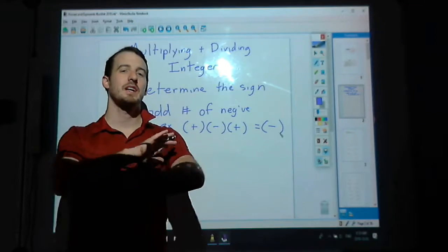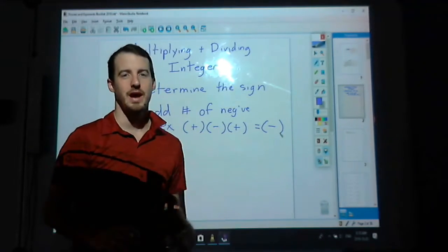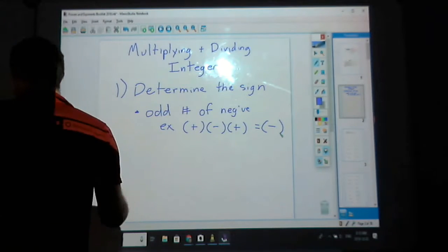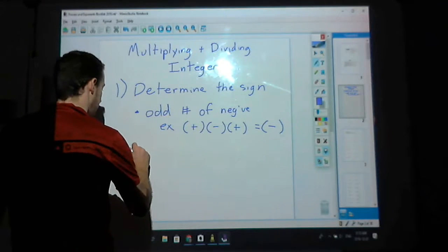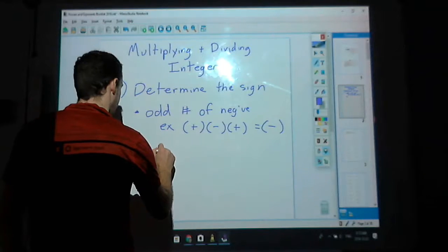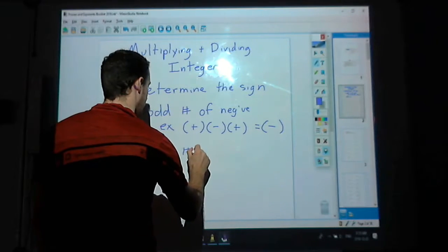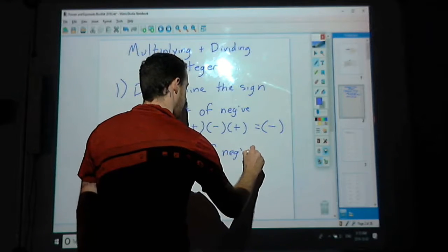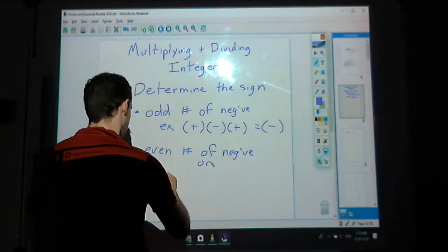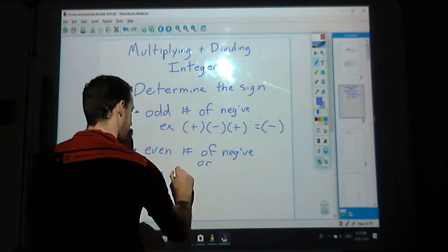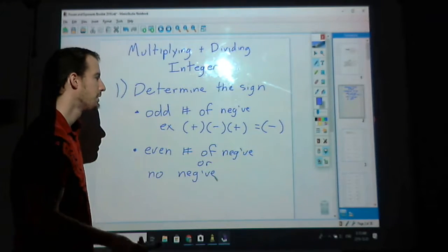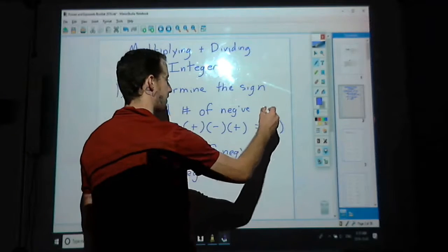So you can even forget about the numbers, multiply those after. Just start with the negative or positive signs. Okay, so that's all for that. And then even. We have an even number of negatives or no negatives. Our answer will be positive.